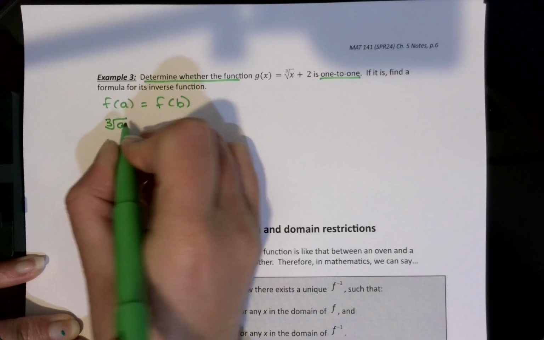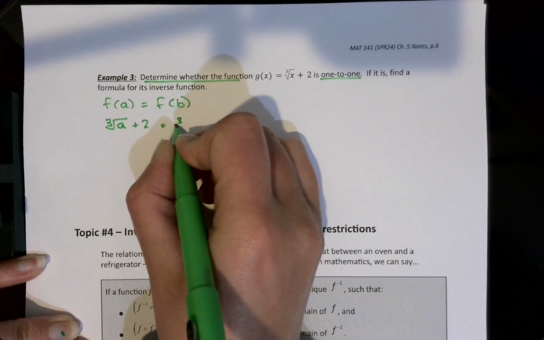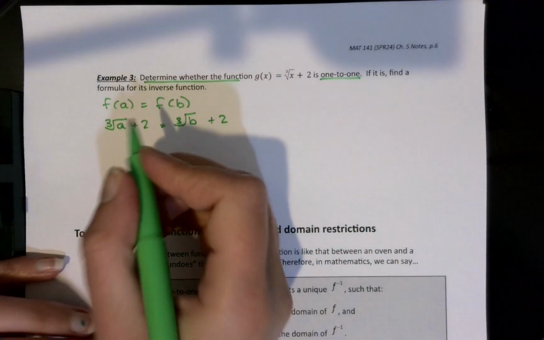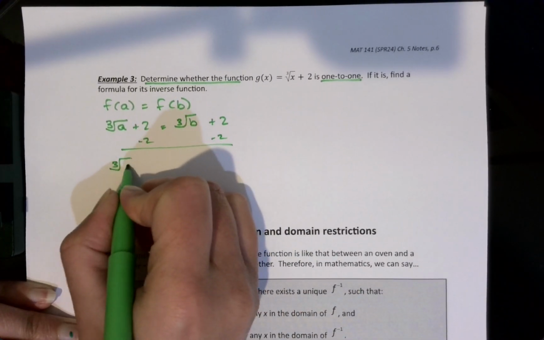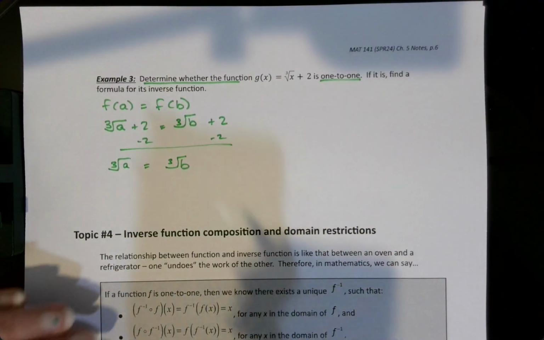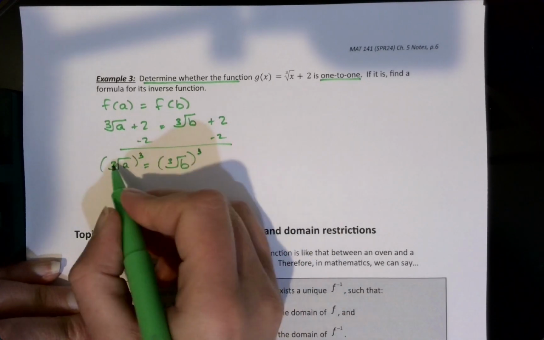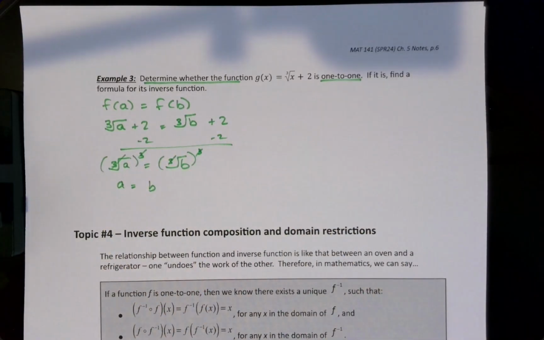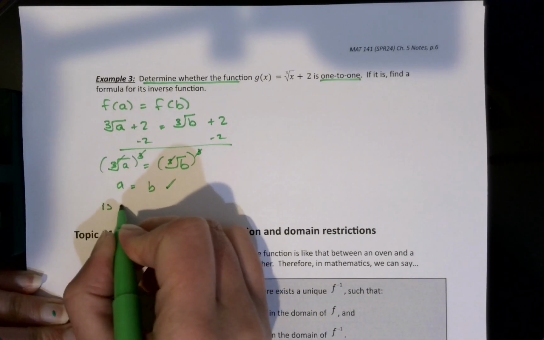The cube root of a plus 2 is going to be equal to the cube root of b plus 2. If I solve this by subtracting 2, the cube root of a is equal to the cube root of b. And we'll continue by applying the power 3 to both sides. And that does, in fact, show me that a would be equal to b. So this function is 1-to-1.